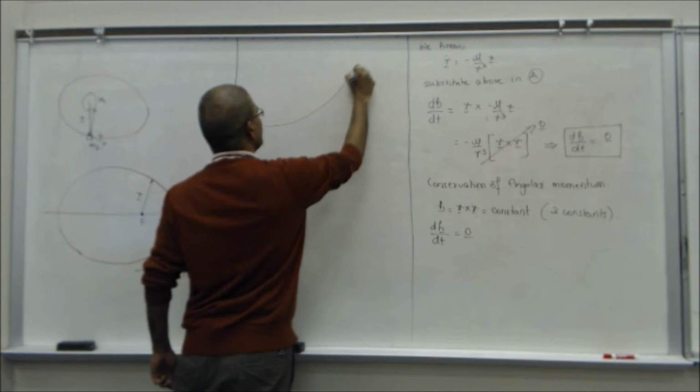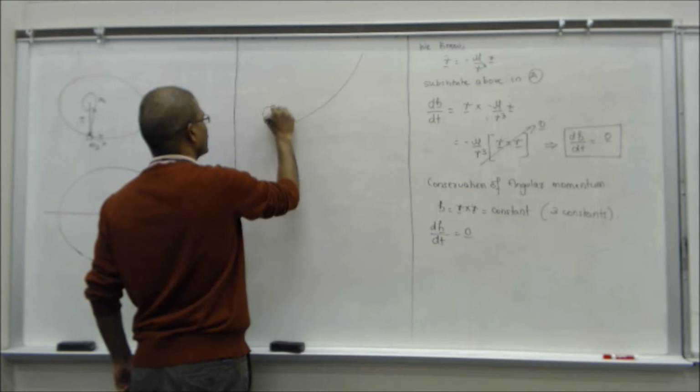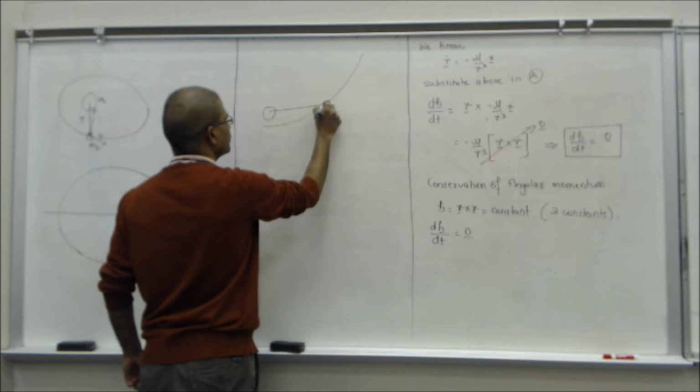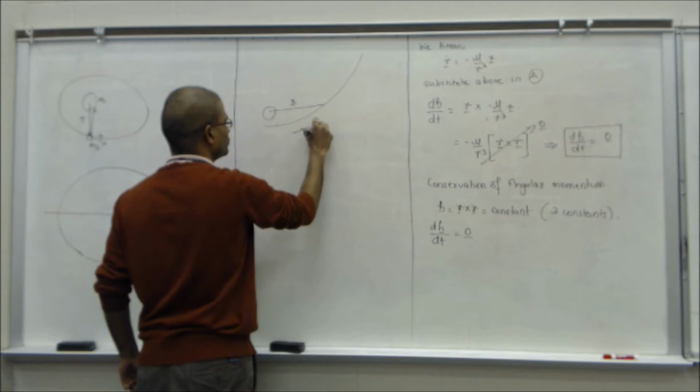If you have this motion, and let's say you have the central body here, this is R. This is the motion.